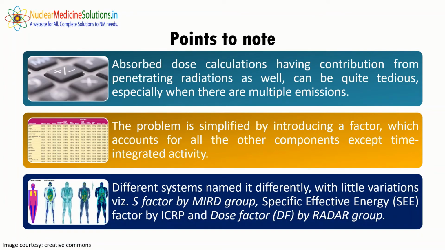Different systems name this factor with different names with little variations: the S factor by the MIRD group, specific effective energy, that is the C factor, by ICRP, and the dose factor by the RADAR group.